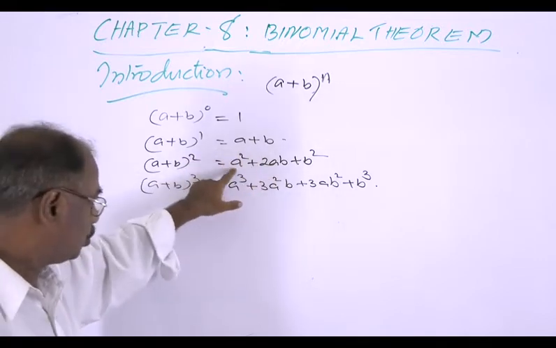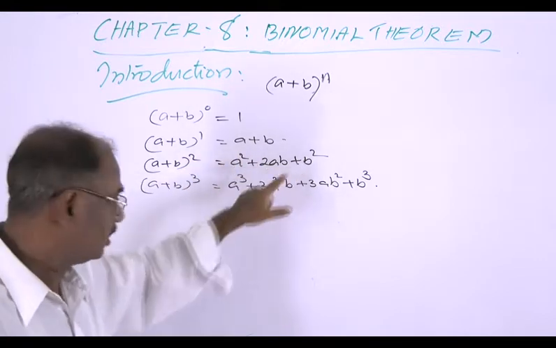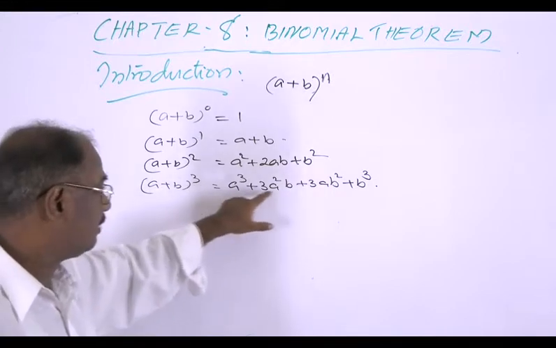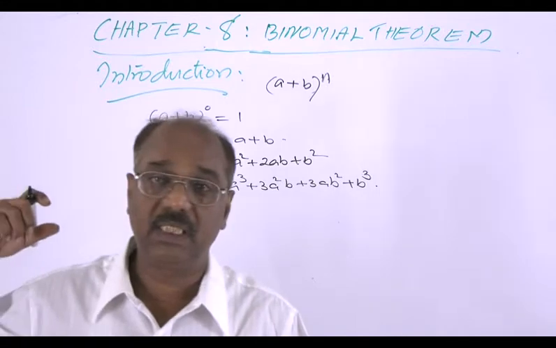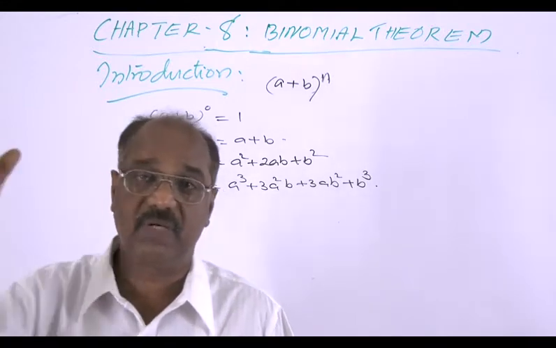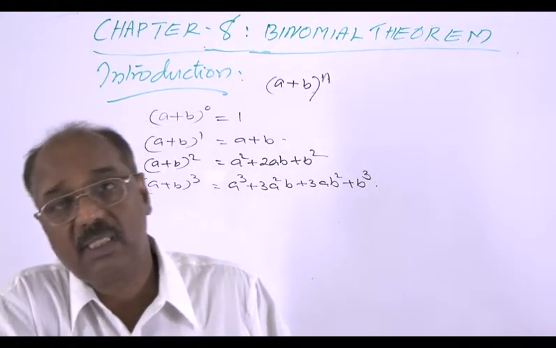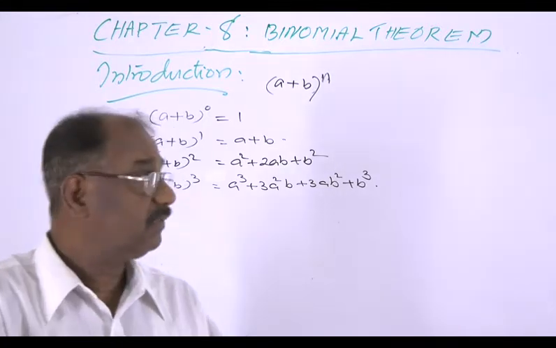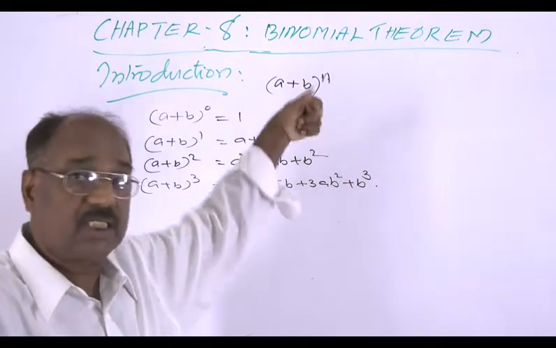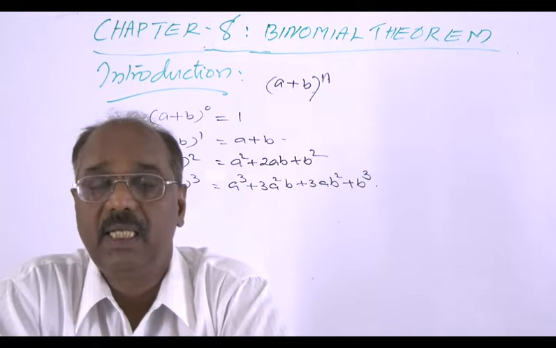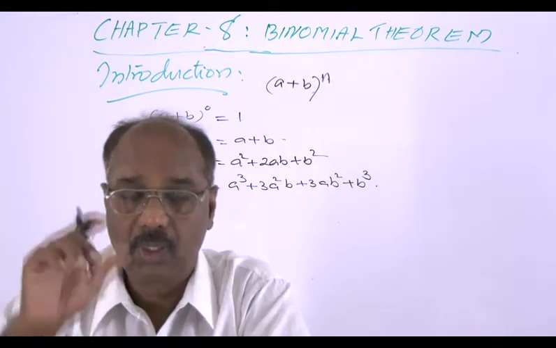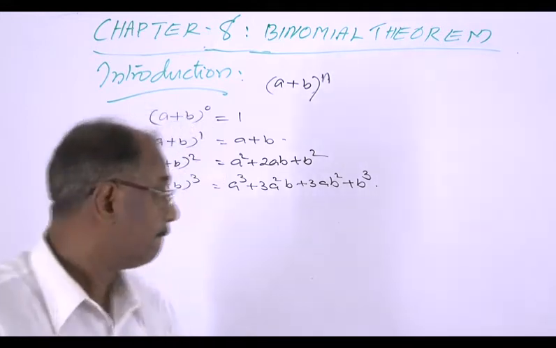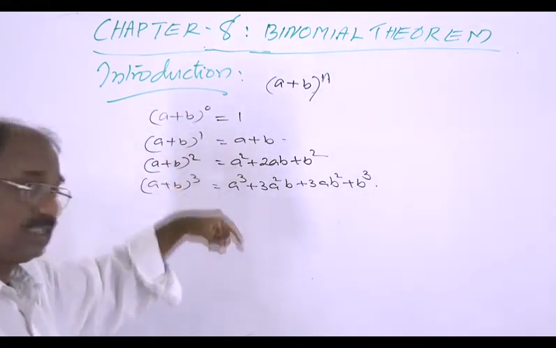N equal to 2, 2 plus 1, 3 terms. N equal to 3, 3 plus 1, 4 terms. If n is 4, then there will be 5 terms. If n is 5, then there will be 6 terms. And for A plus B all raised to n, there will be n plus 1 terms in the expansion.